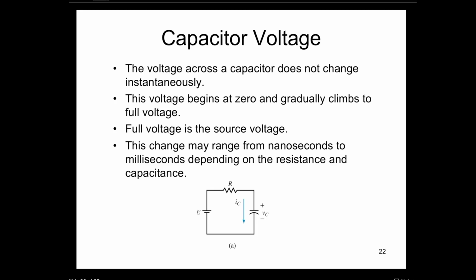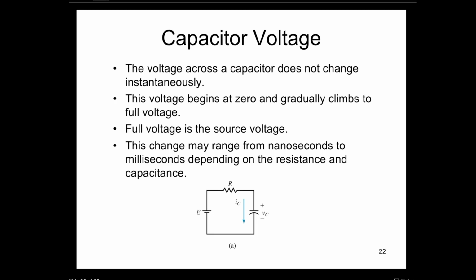Okay, so let's take a look at capacitor voltage here, and this will be where we can segue from this into capacitors in an AC circuit. If we look here at a DC source connected to a capacitor through a resistor, it means that the moment we connect this source, the capacitor is going to charge.